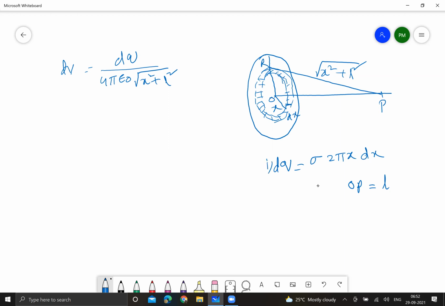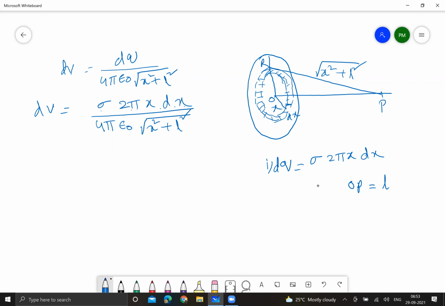So from that we are writing dV. So it becomes sigma into 2 pi x dx by 4 pi epsilon 0 into root of x square plus L square. dq is nothing but surface charge density multiplied by area of that circular strip considered. So that's a concept.